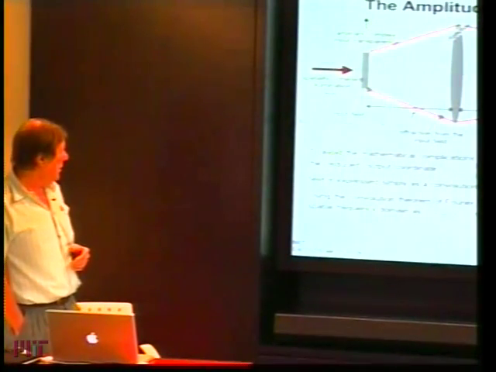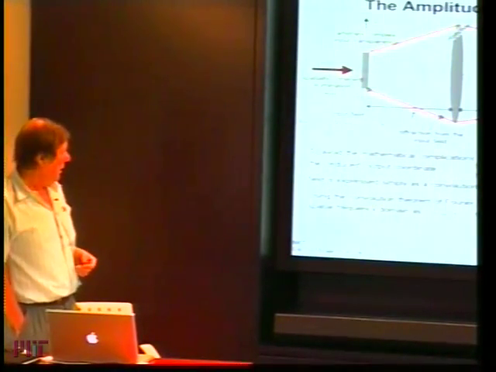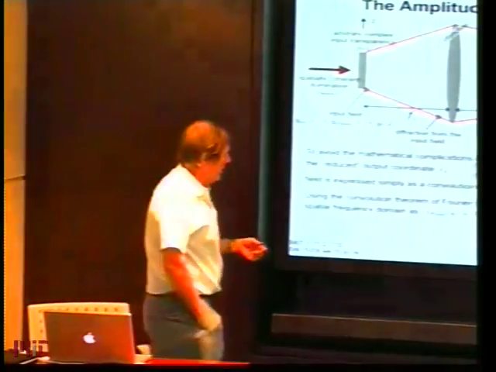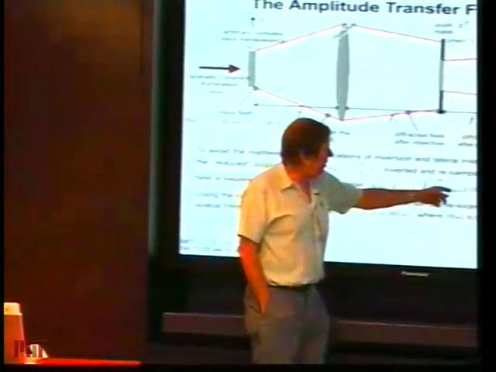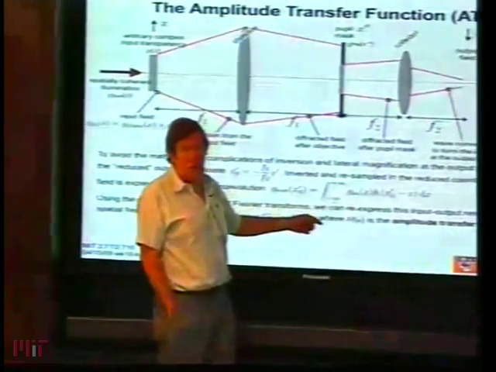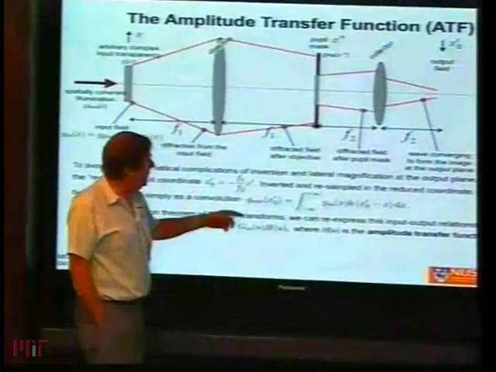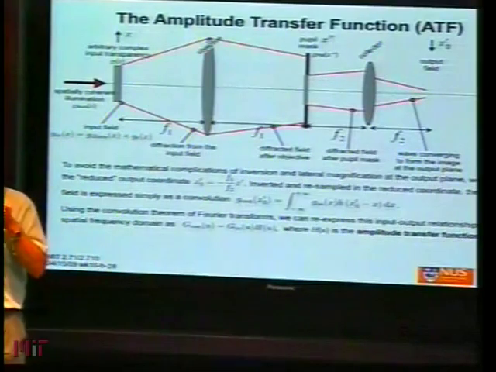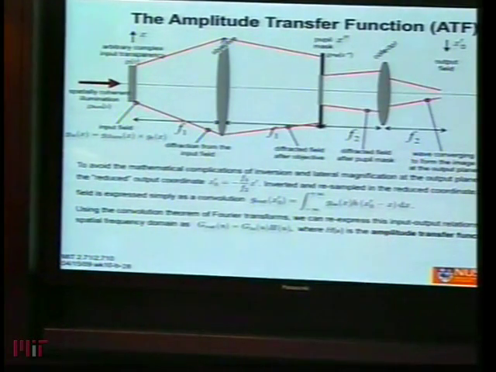If we do it in terms of these reduced quantities, then you can write this as just a normal convolution expression. All we've done really is scale the output coordinates in order to make it so that you can use the normal convolution expression.